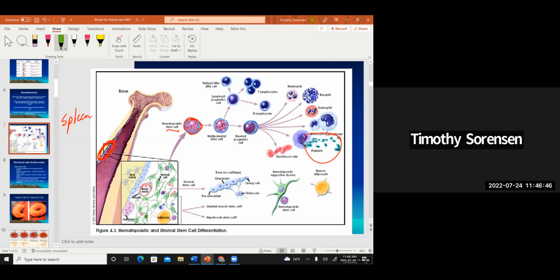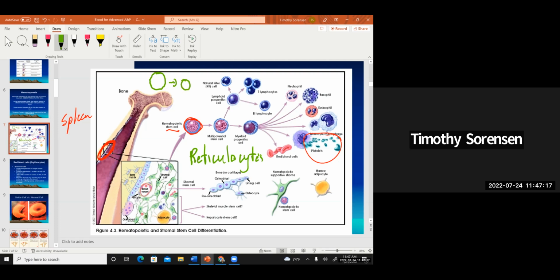Now, red blood cells, baby red blood cells, are called reticulocytes. So when a red blood cell is born, it actually is bigger than a normal red blood cell. So when a red blood cell matures, it actually loses some volume.